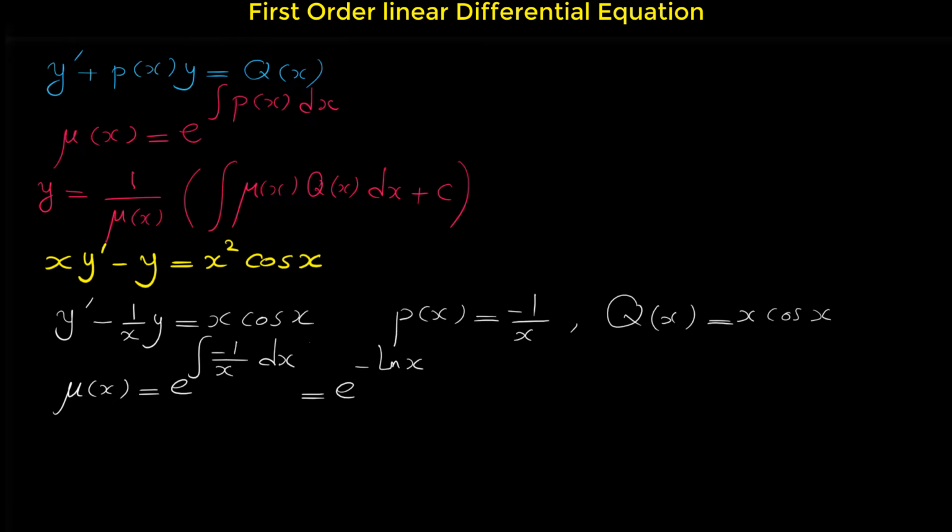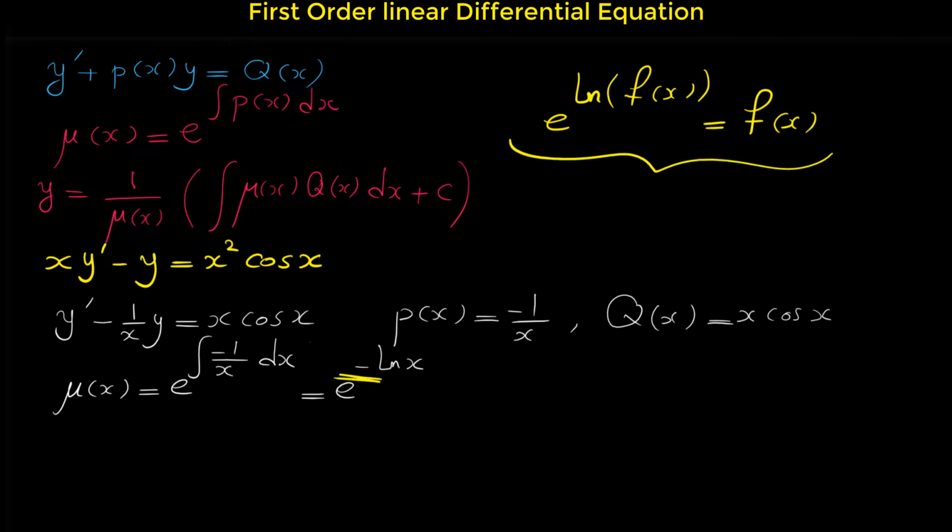But note that you can simplify this integrating factor with this property. E to the power of ln of x, or e to the ln of any expression like f of x, not only x, any expression, equals the same expression. But because here we have a negative, first we have to get rid of this negative, then we can use this property to simplify this expression.